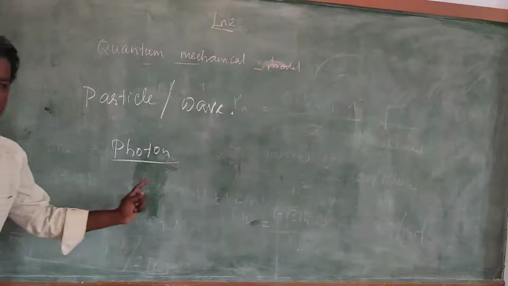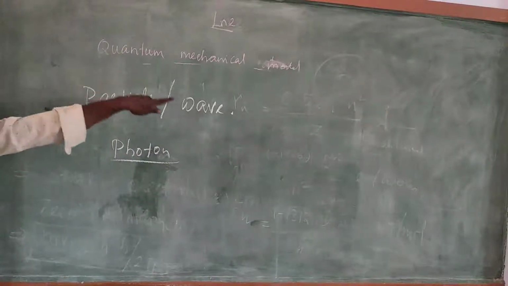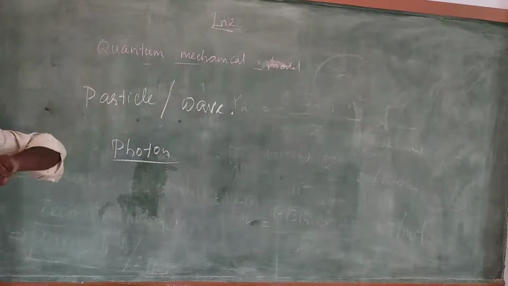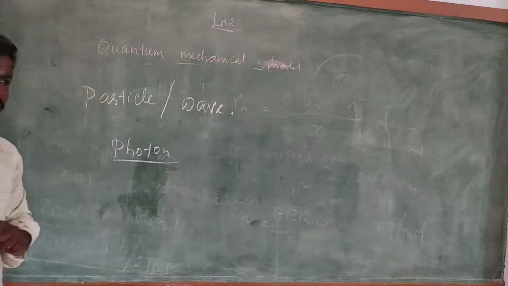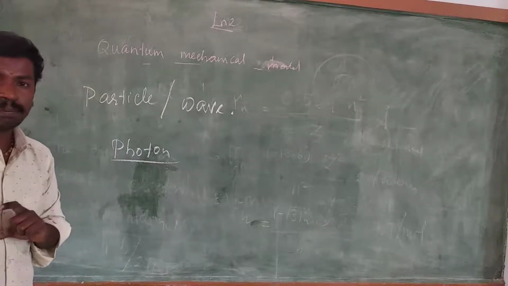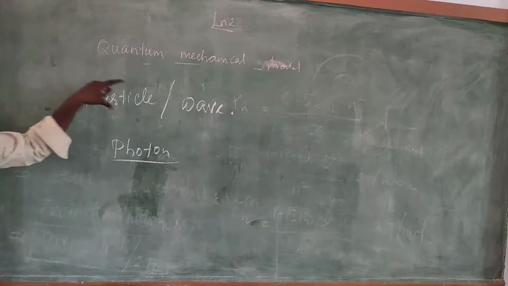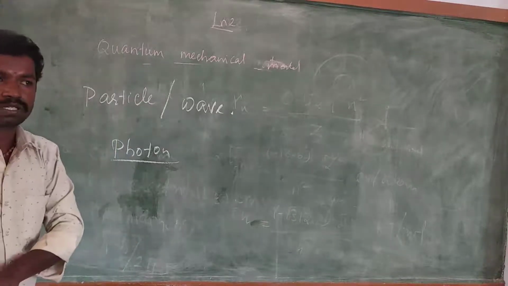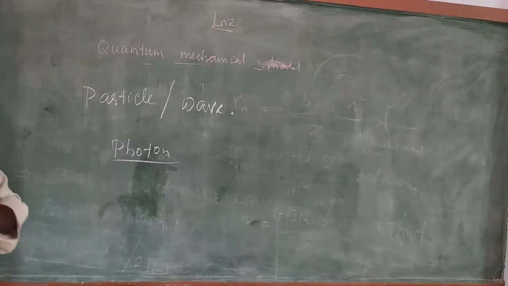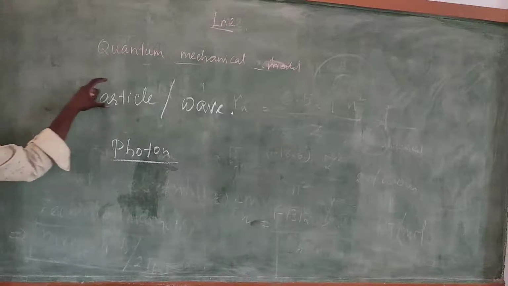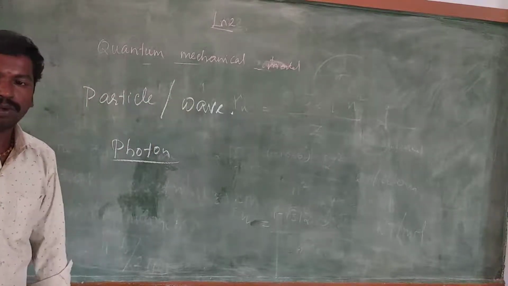Photons are light particles, and photons are said to possess dual property, that is particle character and wave character. Now another scientist called de Broglie says the same dual character is also possessed by all material particles. They possess particle character as well as wave character.